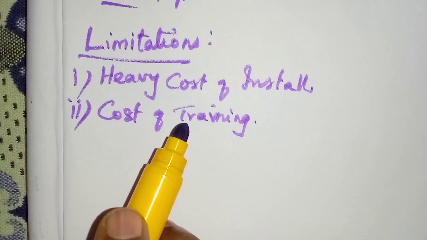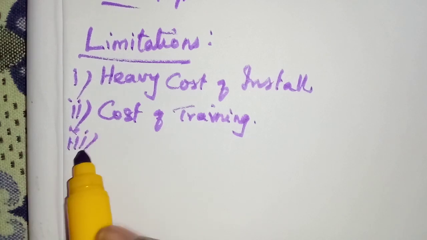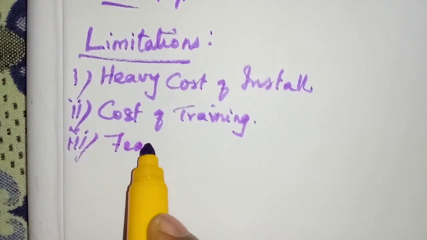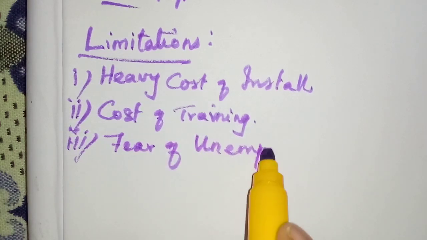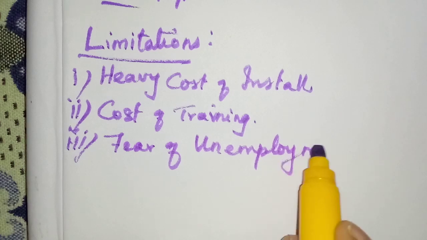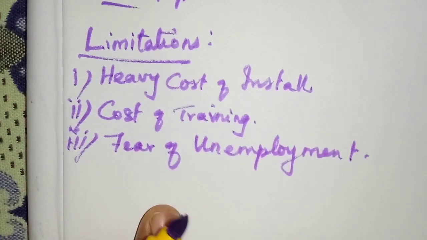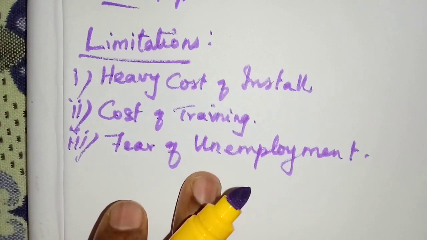Then the next disadvantage is that because of the introduction of computers, we have the fear of unemployment, because a lot of work will be done with the help of computers.